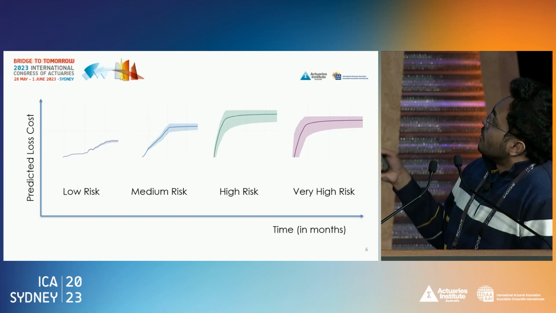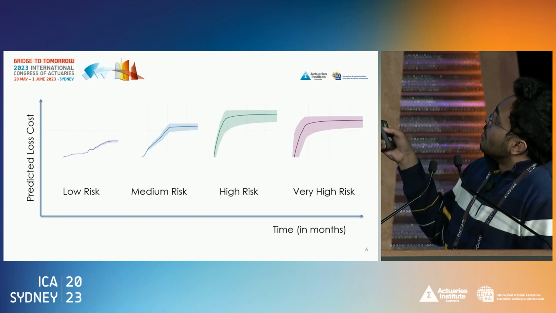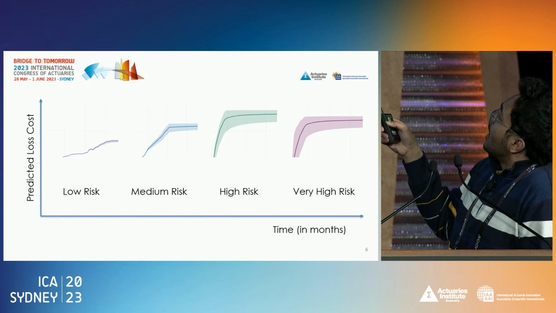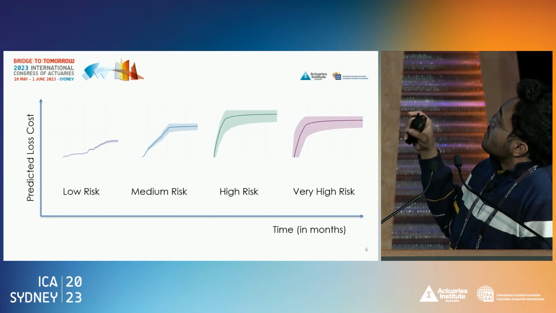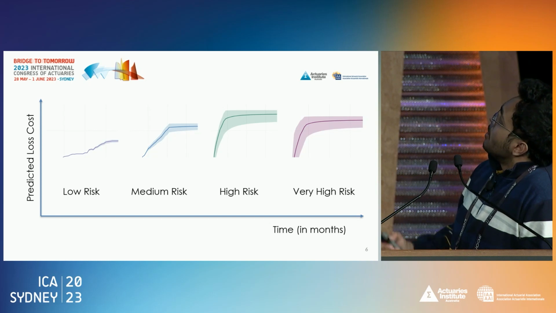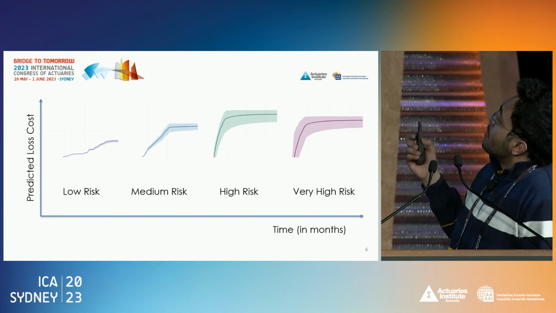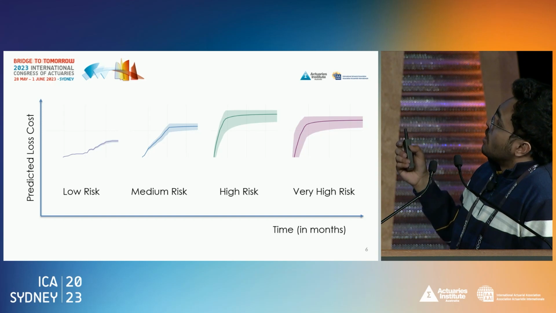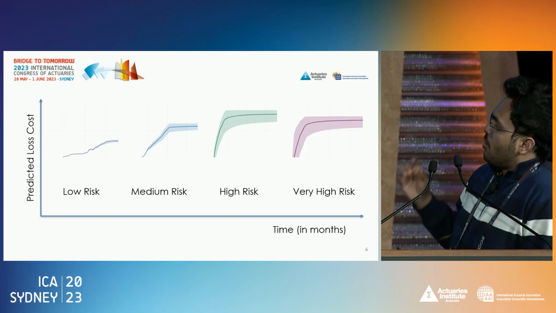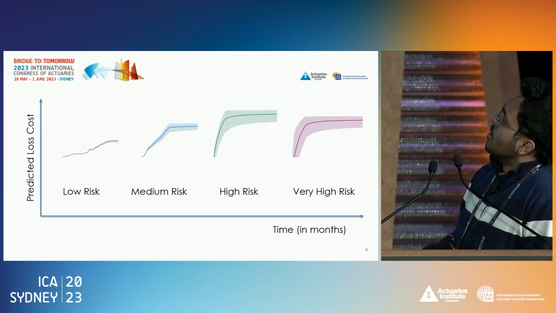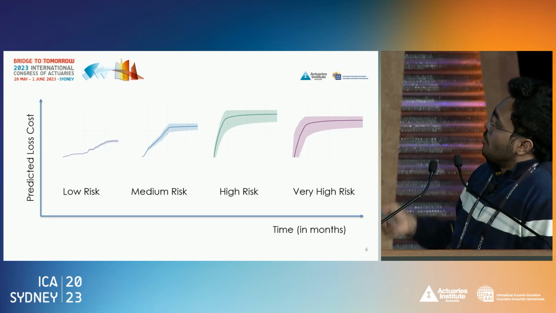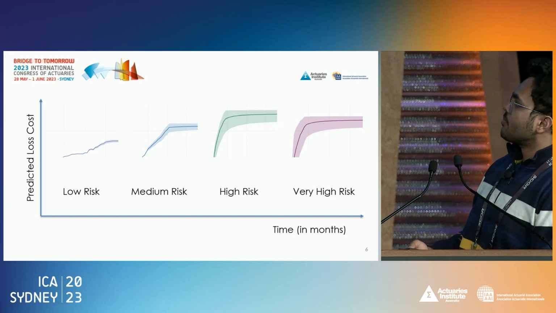So to use an example, the predicted mean risk for a high risk and very high risk customer may be similar in terms of the mean prediction, but the variability for the very high risk customer could be much more because the model has fewer data points or lesser confidence in the ability to model that risk compared to, let's say, a high or medium risk customer.